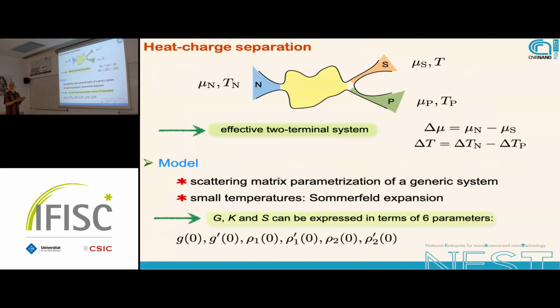You have a system, you don't know what it is exactly, but you know that it can be described by a scattering matrix. The 6 comes from unitarity also. Exactly. Unitarity, plus you're imposing small temperature, which gives some more constraints.